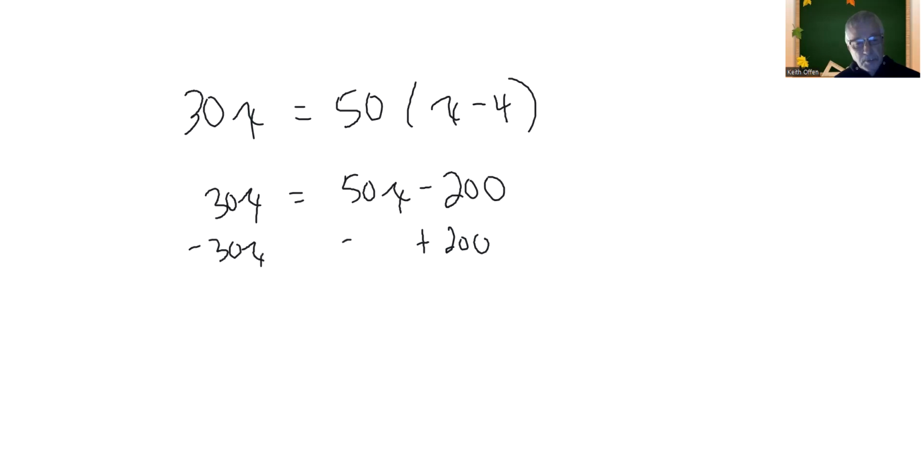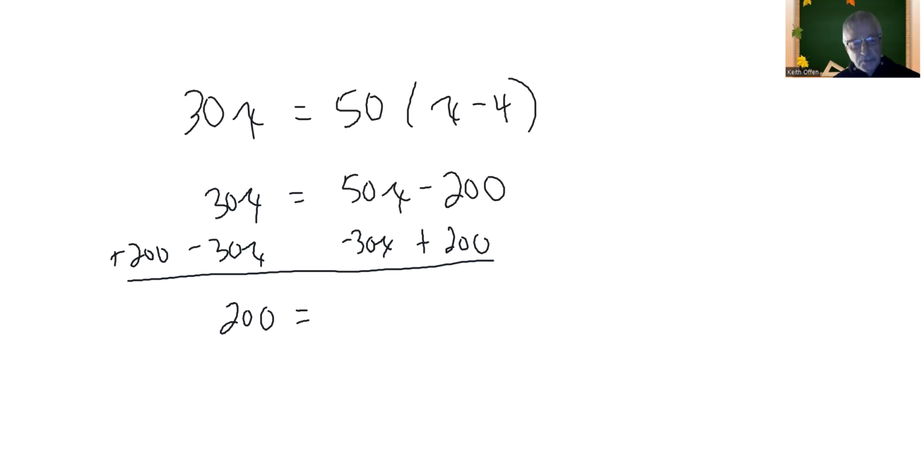So minus 30X on both sides and plus 200 on both sides. When we add it together, we have 200 on the left, and we have 0 for 30X minus 30X, and we have 20X here, 0 for 200 minus 200, since plus and minus are inverses of each other. Then we're going to divide by 20 here and here, and we're going to get 10.